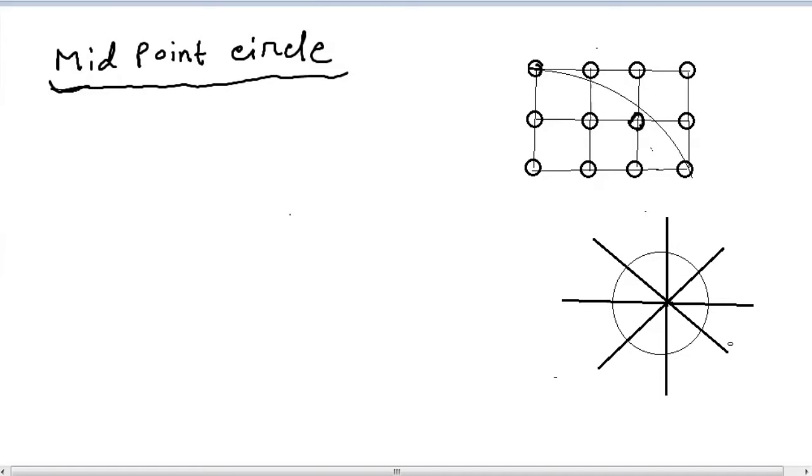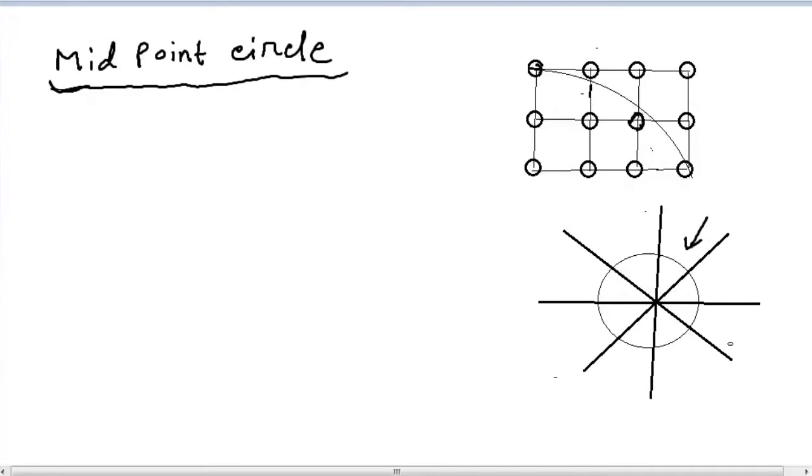Now, the midpoint circle algorithm is, as I told you in the last video, a circle has eight-way symmetry, so all we have to do is draw this octant, and that's about it. That octant will give us the rest of the circle easily.